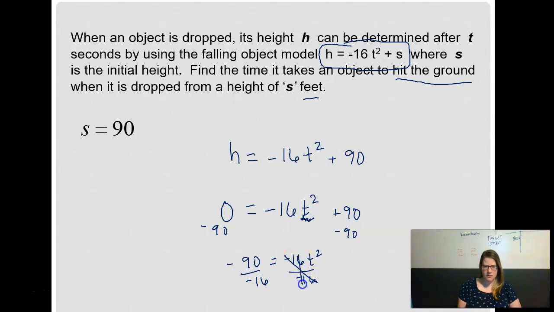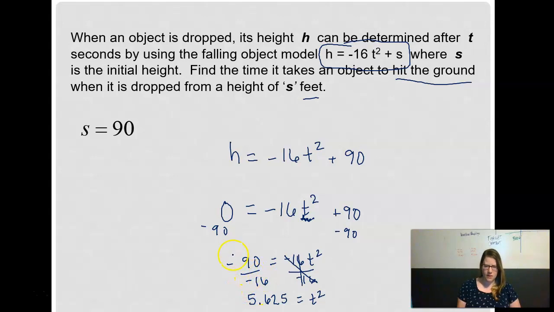Now in this case, since we're doing a story problem and we want to estimate t, even though 16 does not go evenly into 90, this time we're not going to keep it as an exact answer, we're actually going to go ahead and divide. Since I'm dividing a negative by a negative, that would give me 5.625 equals t squared.